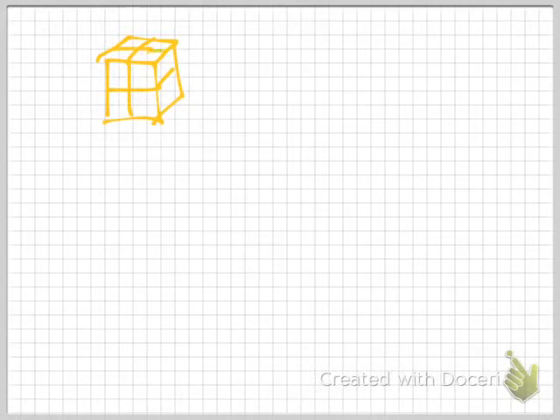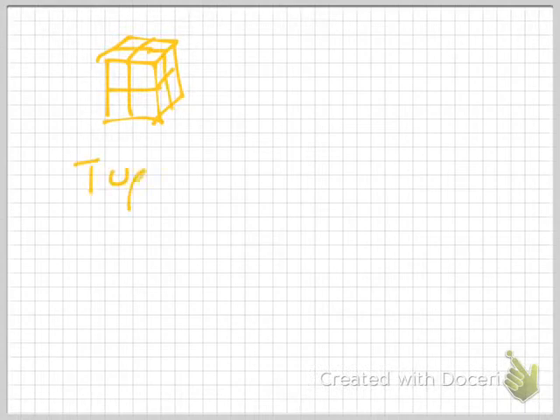Let's look at number 3. That is a rectangular prism, yes? In fact, it's a cube. How do you know it's a cube? All 6 sides are identical, yes? So when we do our little guy here, we know that each one is 2, right?